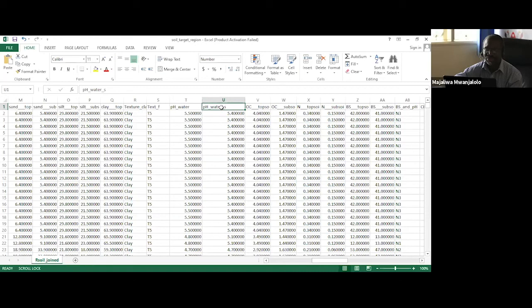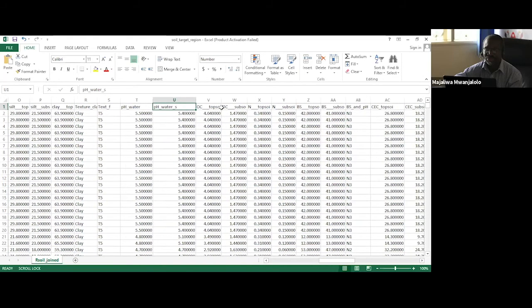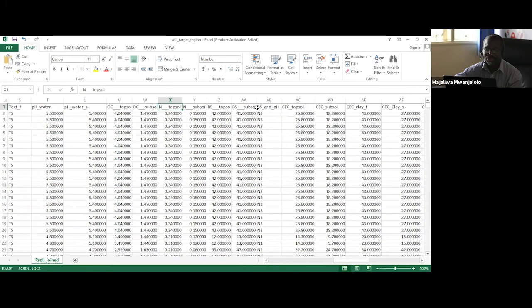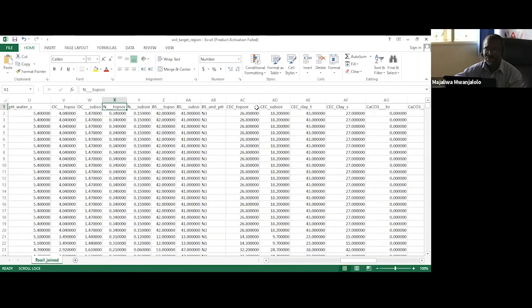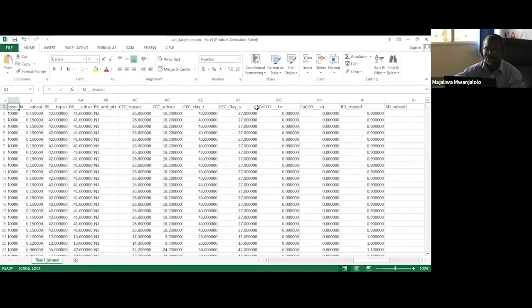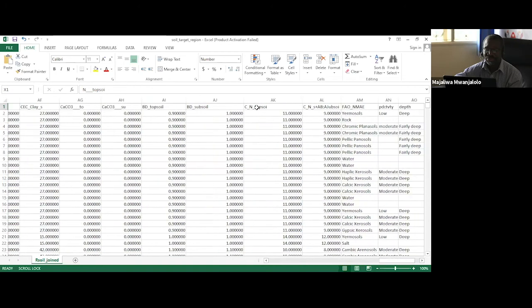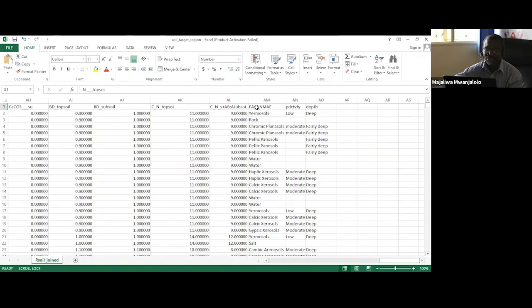For each of these parameters, organic carbon, you have organic carbon for top and subsoil. The nitrogen you have for top and subsoil. You have base saturation for top and subsoil. So every parameter here has top and subsoil for all of them.